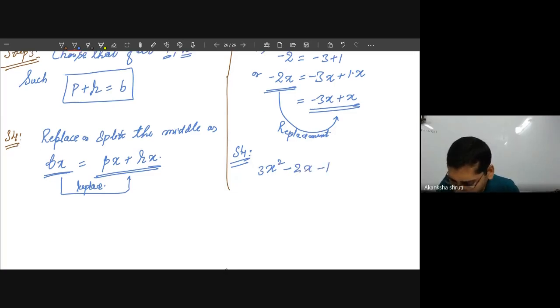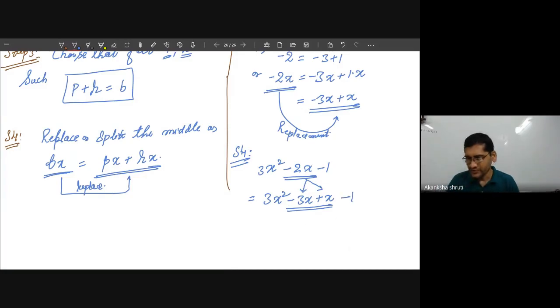This middle term, minus 2x, has to be replaced by minus 3x plus x. It means this can be written as 3x square minus 3x plus x. These two terms: a single term is split into these two terms. So that's why it is called splitting the middle term. And whatever the last term, minus 1, is there, you have to write this as it is.